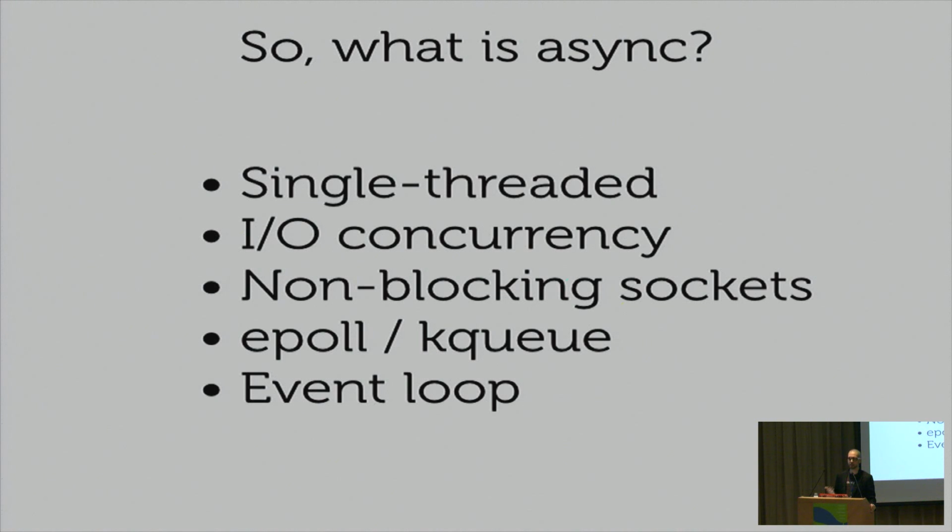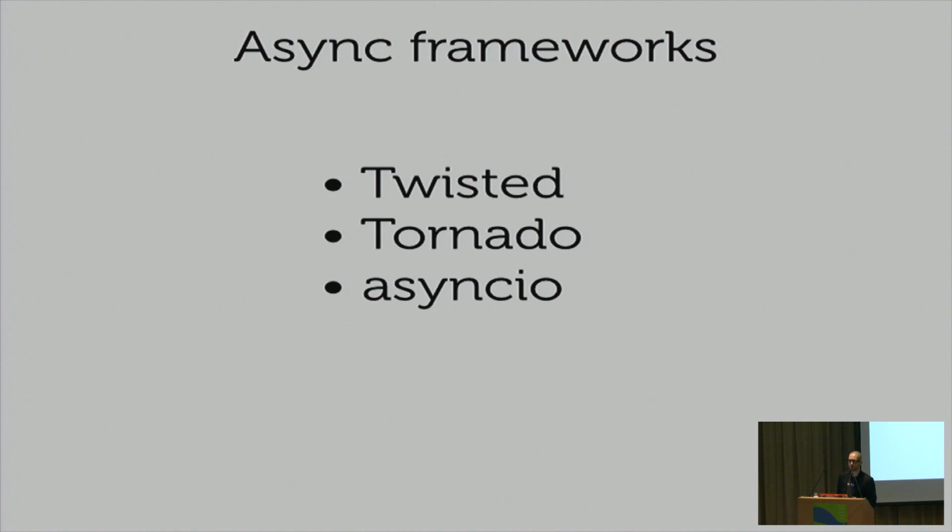If somebody is talking to you about async, this may or may not be what they mean, but this is my definition of async. And when somebody says that Node.js, for example, is an asynchronous framework, this is what they mean. This definition applies to Node, and it also applies to the main Python asynchronous frameworks: Twisted, which is very old, Tornado, which is also a few years old, and this exciting new framework called asyncio.